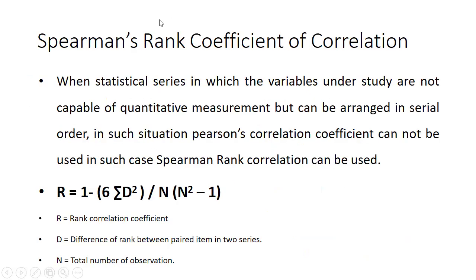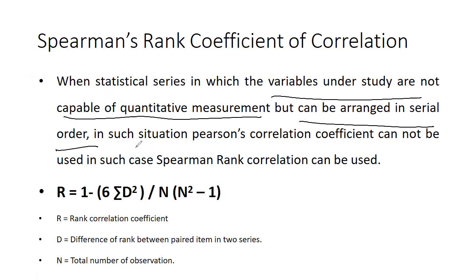Then Spearman correlation coefficient. When our data is in rank, we use the Spearman rank correlation coefficient. It is used when a statistical series has variables under study that are not capable of quantitative measurement, for example in a beauty contest, so it is qualitative, but can be arranged in a serial order. In such situations, the Pearson correlation coefficient cannot be used.